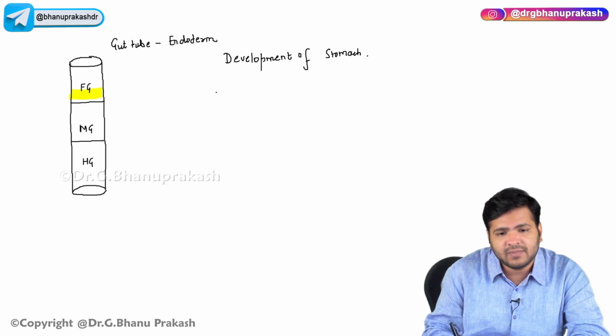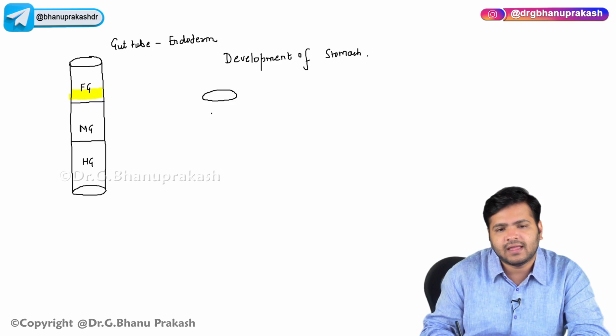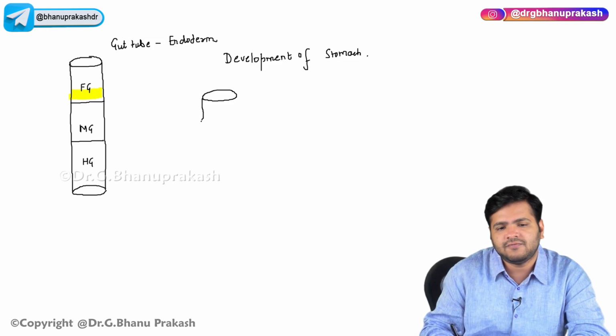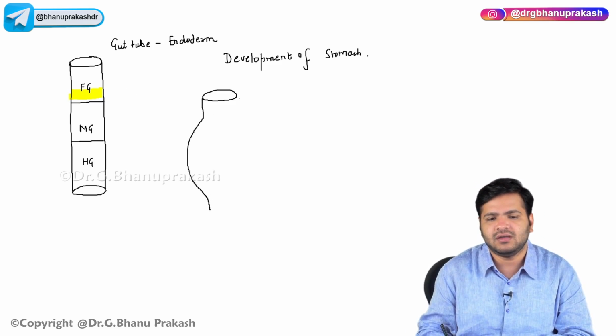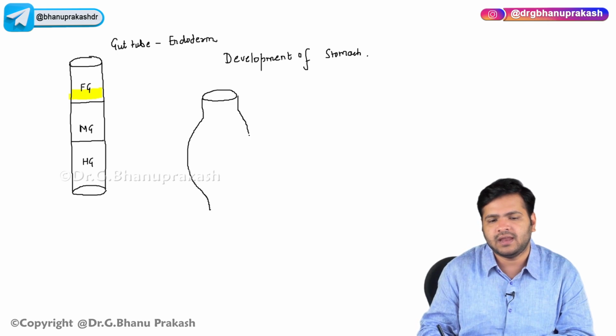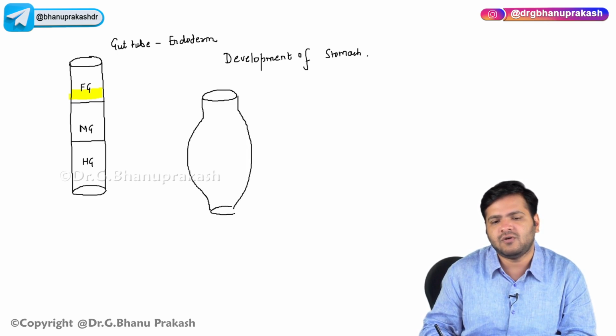Let me draw it for you. I'm taking this lower portion out to show you a fusiform dilatation, a dilatation which has two tapering ends.